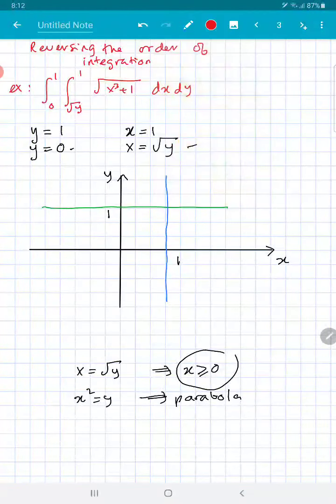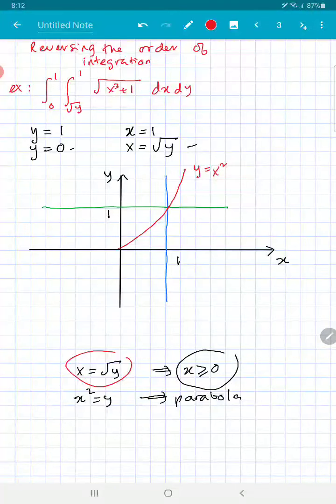So the parabola opens upwards, goes through the origin and also through this point. So we have part of a parabola, which is really y equals x squared, or x equals square root of y, because we only take the right side, where x is always larger than or equal to 0.